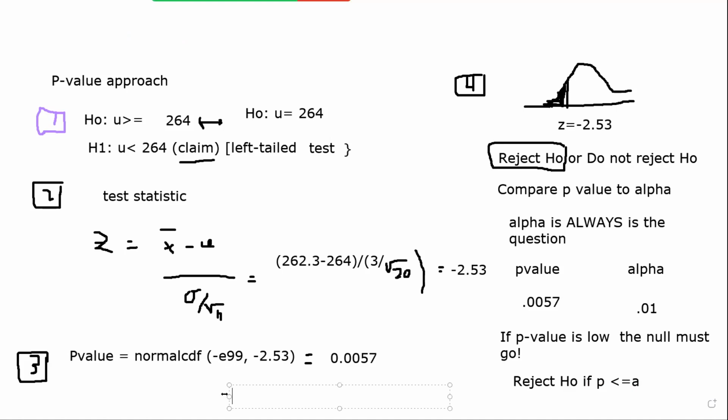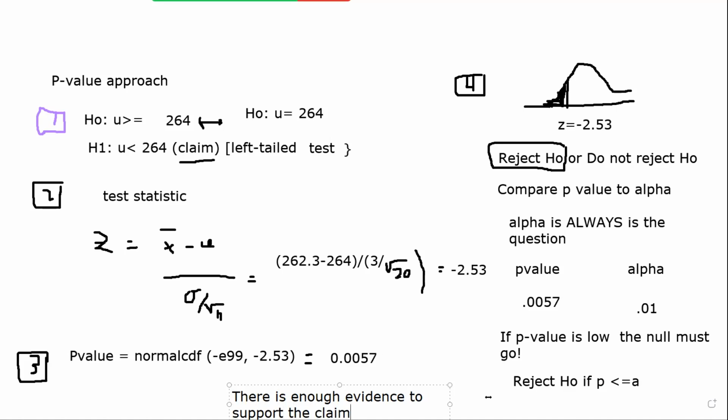Step 5 here. Remember, we rejected the null and our claim was H1. So we're going to say, because we reject the null, there is enough evidence to support the claim.